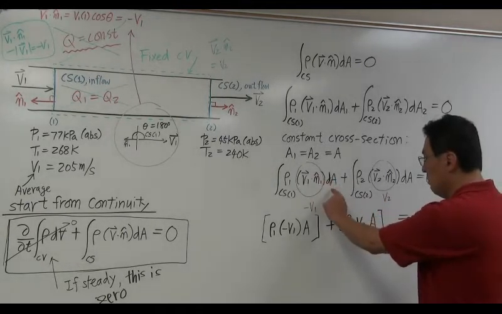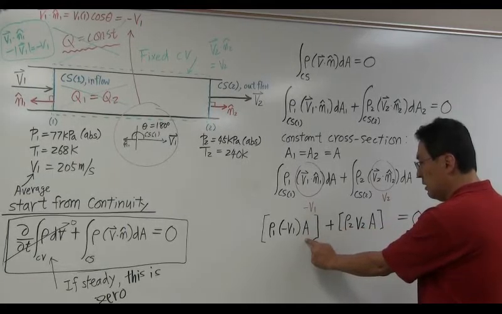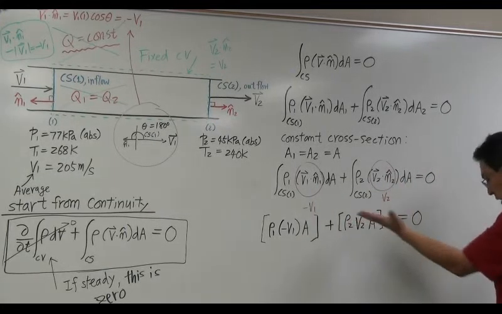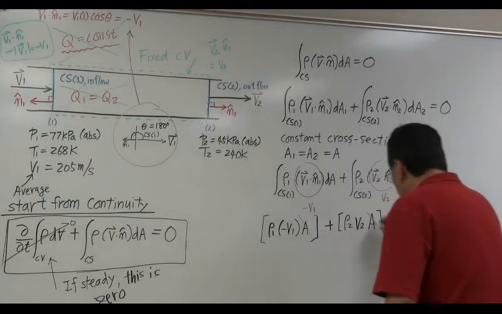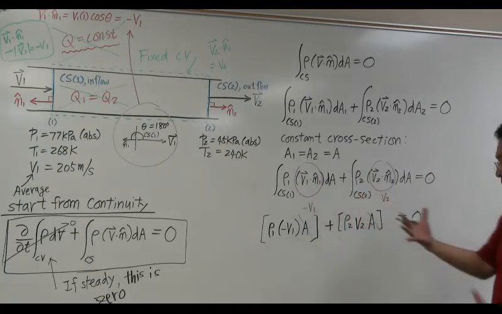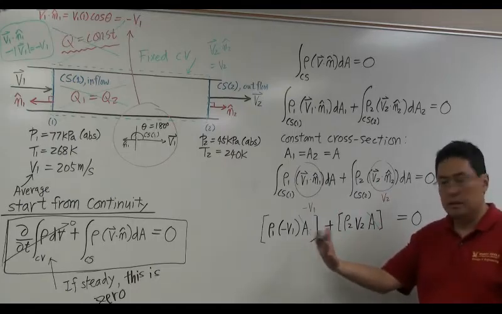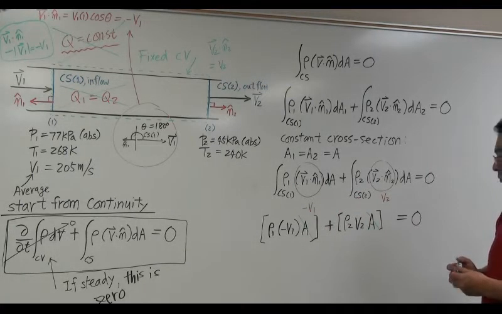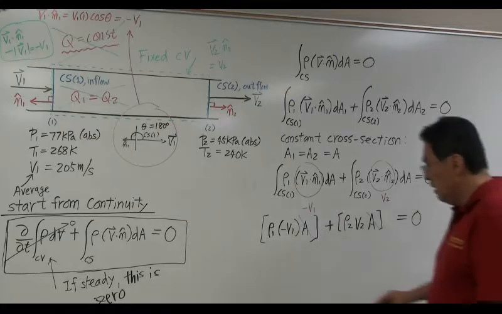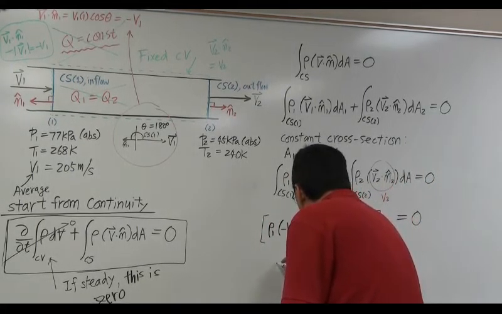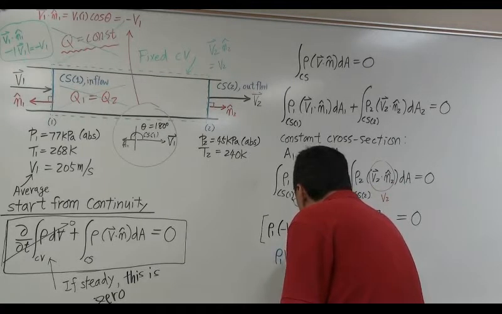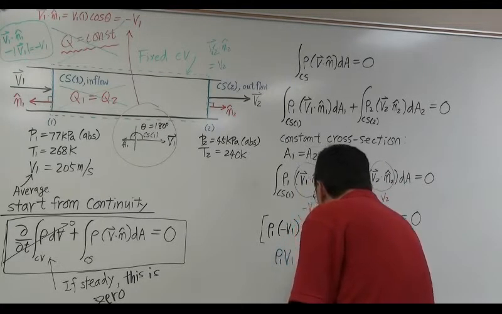If you integrate over cross-section area, you get the area itself multiplied. You can cancel out area because area is constant. If you divide both sides by area A, area drops off. So what do you have here? You get the equation rho 1 V1 is equal to rho 2 V2.